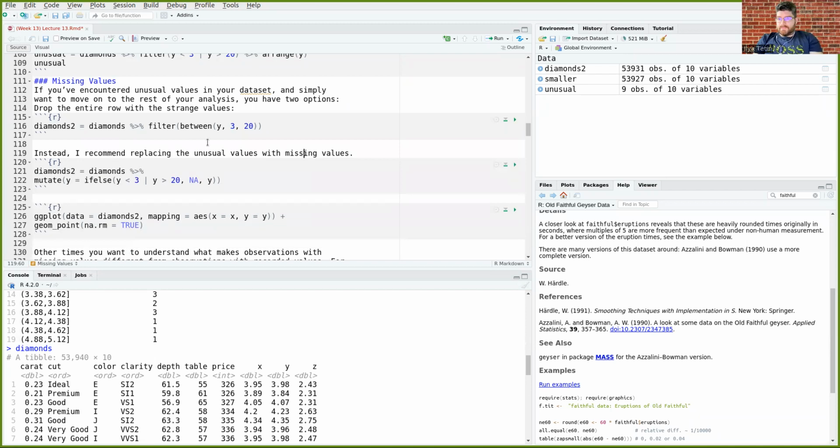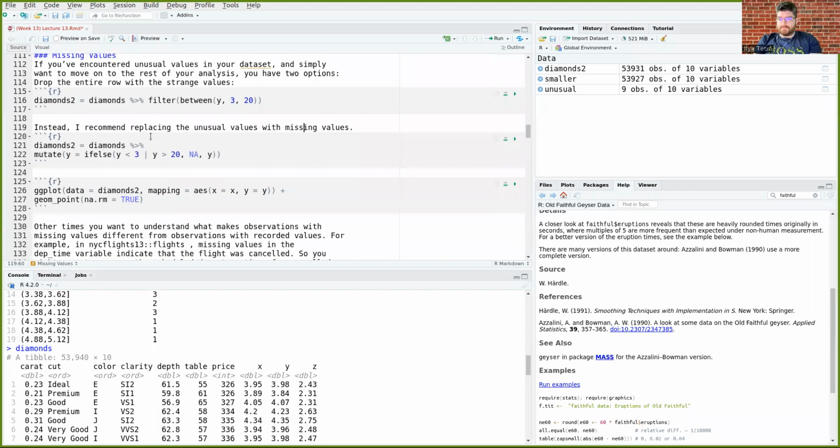All right, so so far we have dealt with missing values. We created the diamonds2 data set, which was filtered between 3 and 20, hopefully millimeters of the y axis of the diamond.